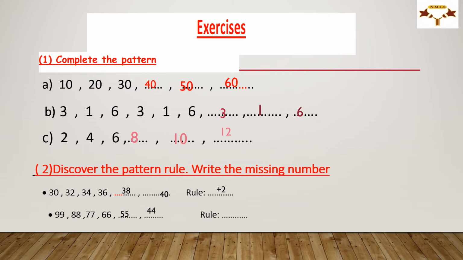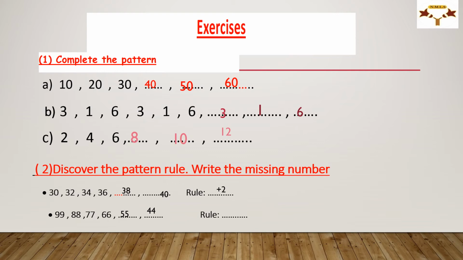Okay, so I'm gonna start with 99 here and going backward to reach 88. So let's count from 99 going backward: 98, 97, 96, 95, 94, 93, 92, 91, 90, 89 and 88.